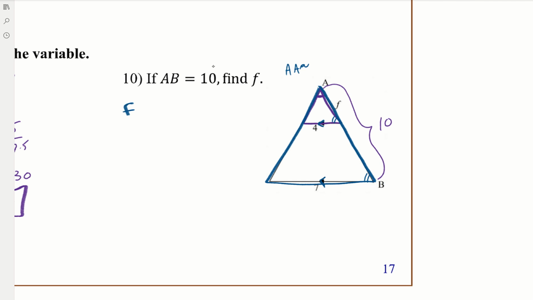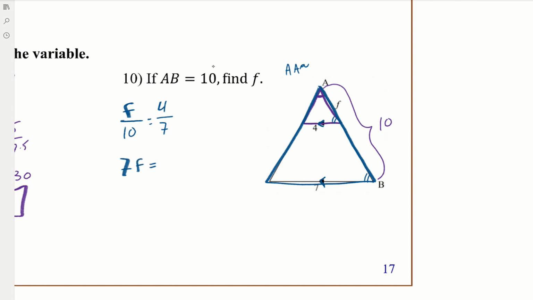I'm going to say that F over its corresponding side on the other triangle, which would be 10, that proportion is the same as 4, because I'm going to go back to the little triangle over that corresponding side on the big triangle, okay? And that gives me a proportion.